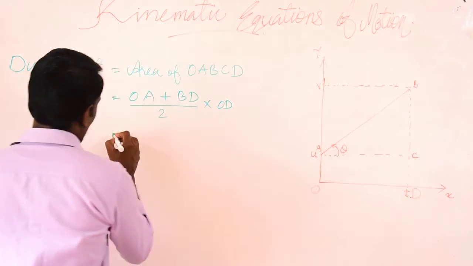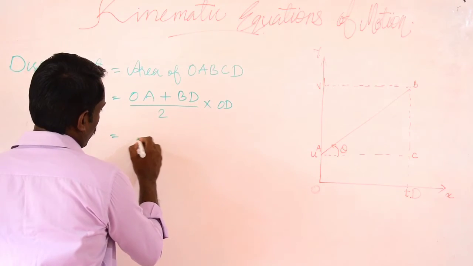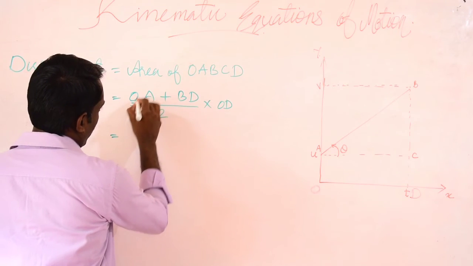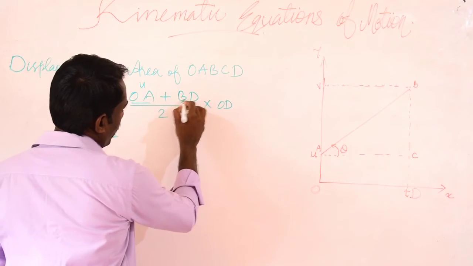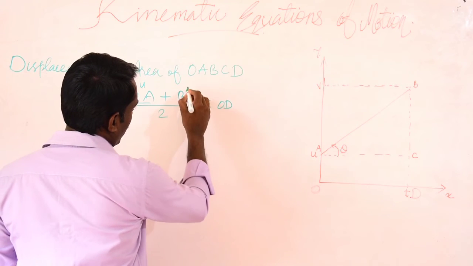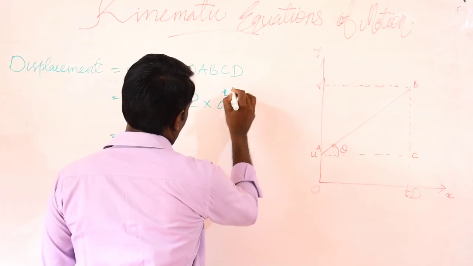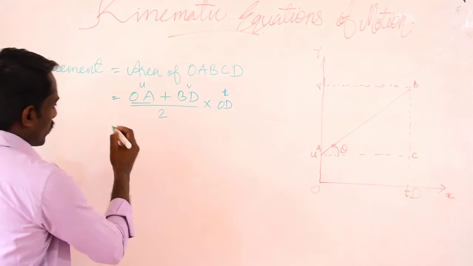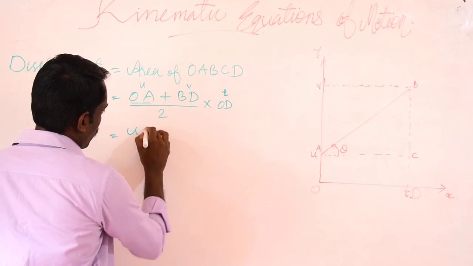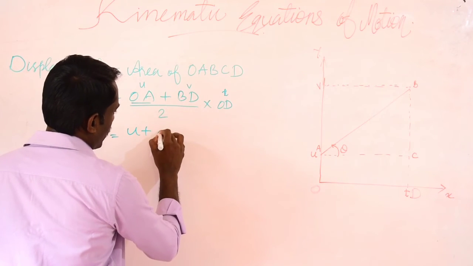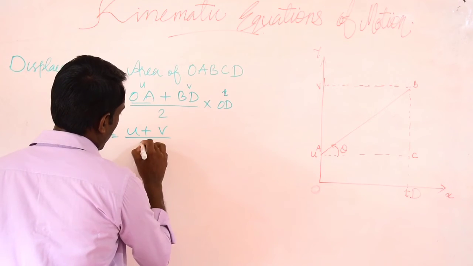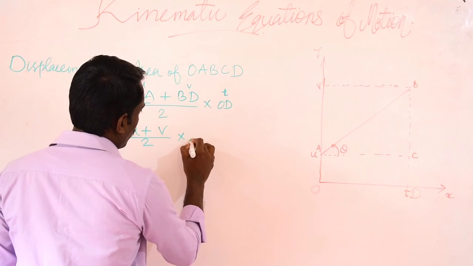That is equal to OA plus BD divided by 2, into OD. OA is equal to U, BD is equal to V, and OD is equal to T. Then we will substitute the values: U plus V divided by 2, into T.